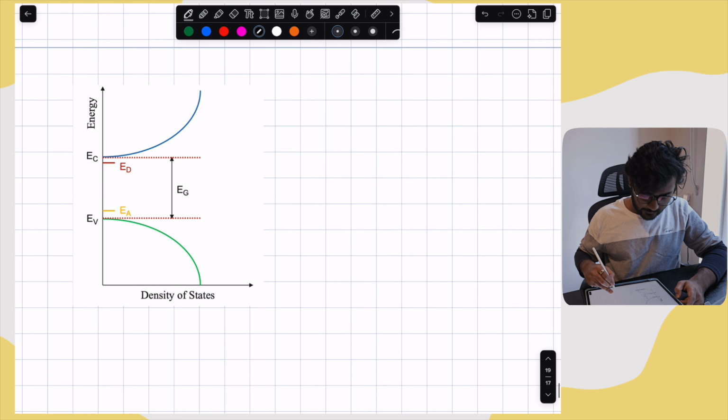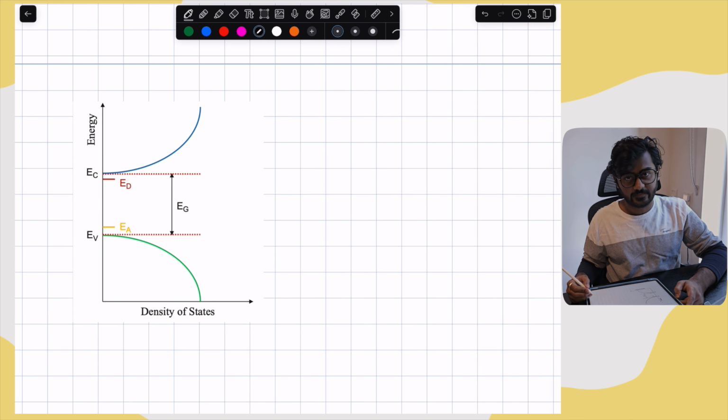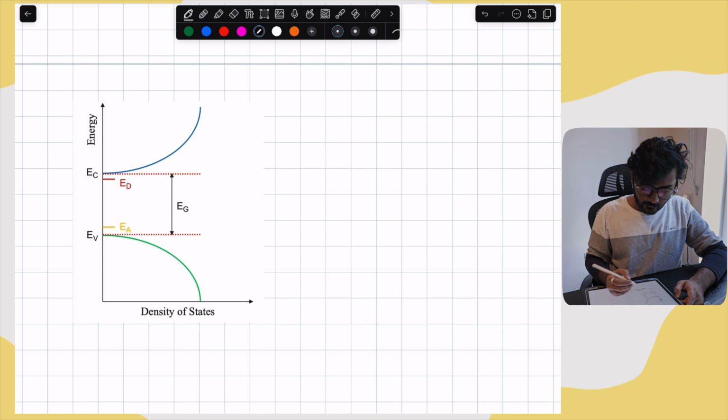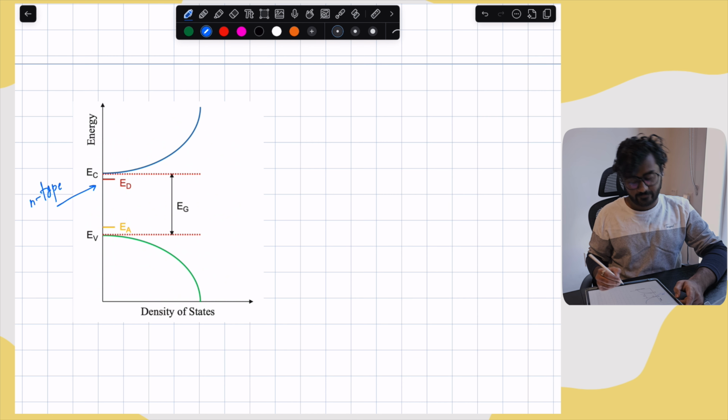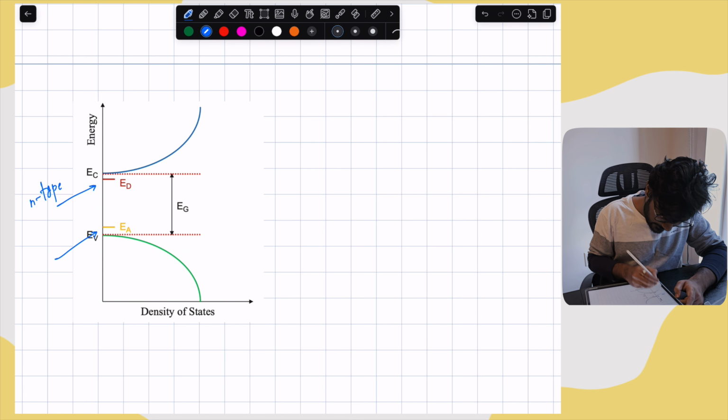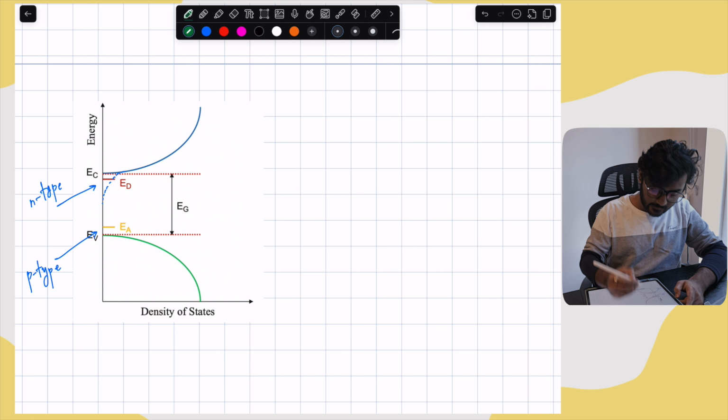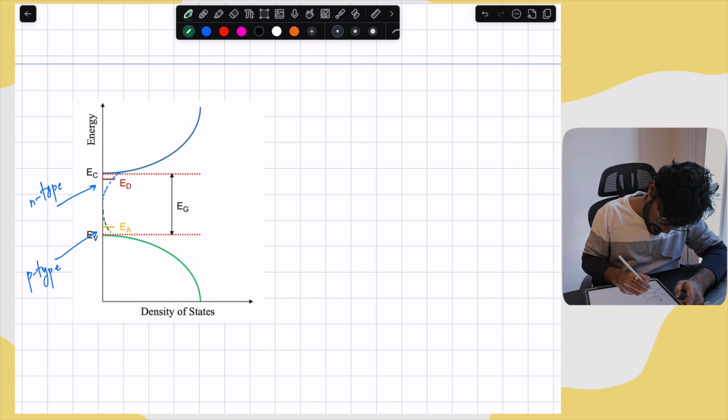So what I mean is, again, if you look at the plot of the density of states and energy, ideally the band gap is clean. We do not see any localized states apart from the ones introduced by the dopant atoms. That is, near the conduction band it is due to n-type dopants, and near the valence band it is due to p-type dopants. But at high doping levels, we see that the conduction band actually gets stretched into the band gap. Similarly, the valence band gets stretched into the band gap.